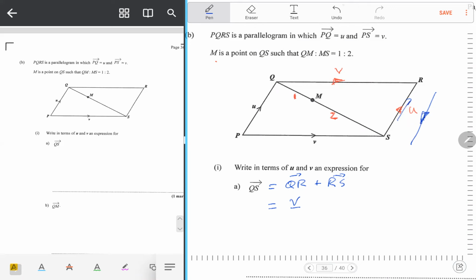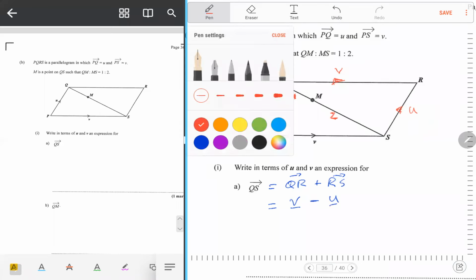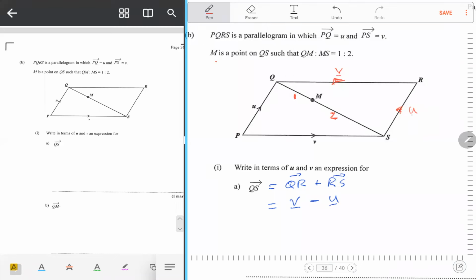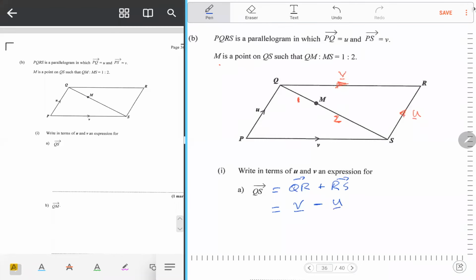So to account for the fact that they're going in opposite directions, you put minus U. Let me underline the vector components, so you know these are vectors. Basically that is the answer. QS is V minus U.